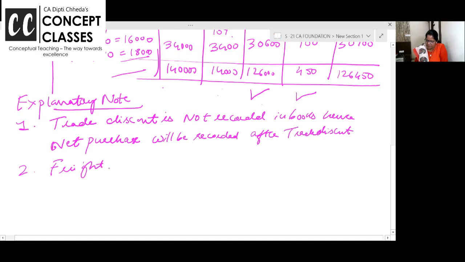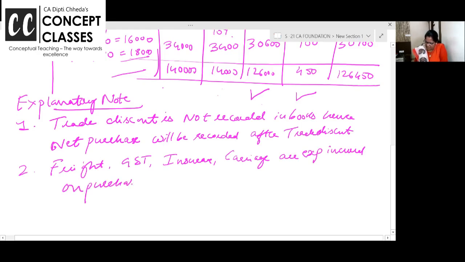Freight, GST, insurance, carriage are expenses incurred on purchases.